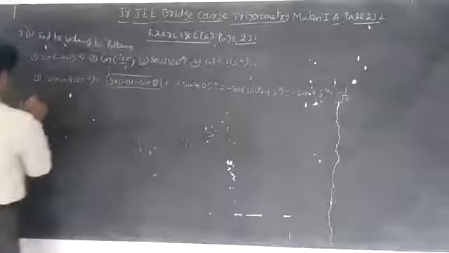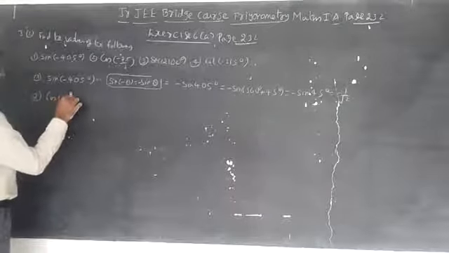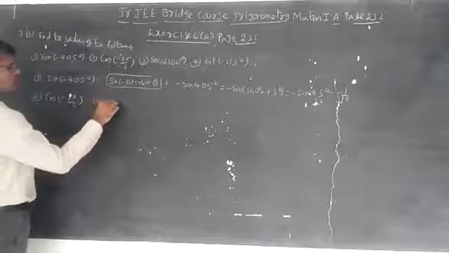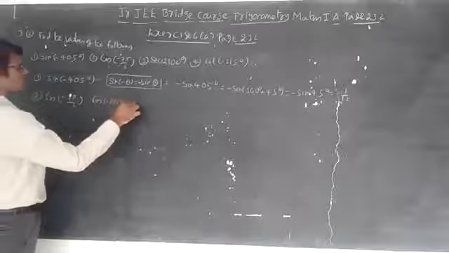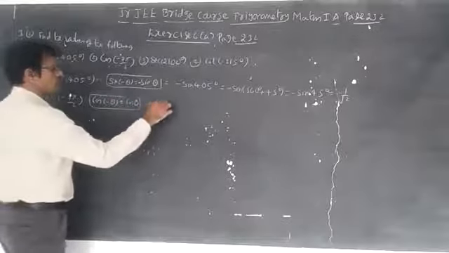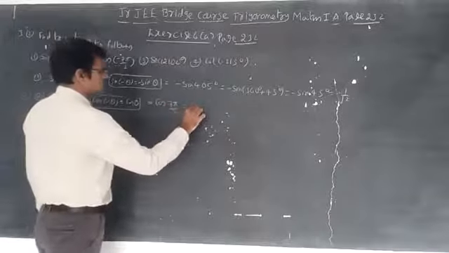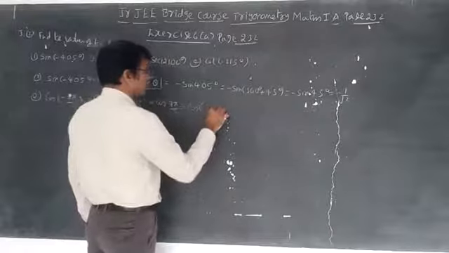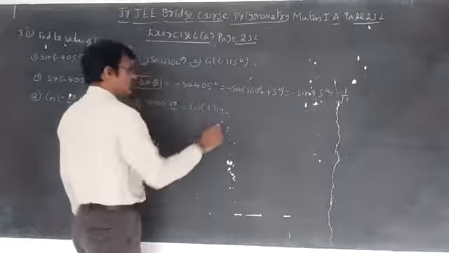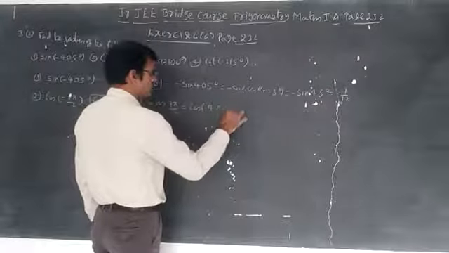Now second one, cos of minus 7 pi by 2. Here we can understand cos of minus theta formula is cos theta, it is not minus. So cos 7 pi by 2, you can write as 2 pi plus 3 pi by 2, or 4 pi minus pi by 2, you take, it is better.